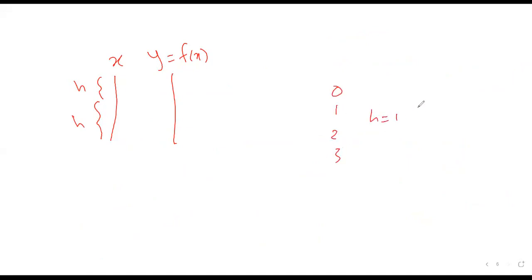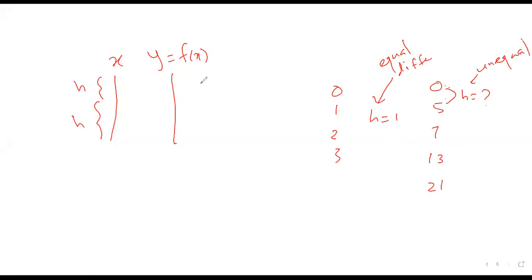I can also take 5, 7, 13, 21, some discrete points. These are my x values, so h may be different. There may be equal differences, and there may be unequal ones as well. The unequal situation may come. According to that, we can find our f. If we know the f of x, we can find the value of y.